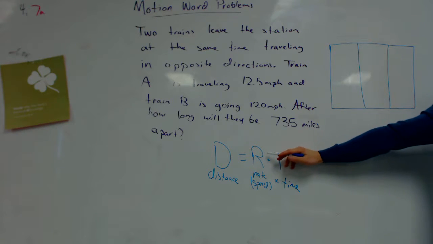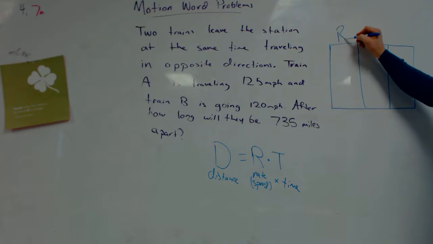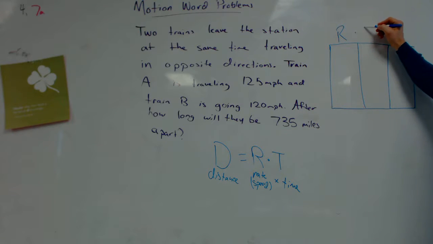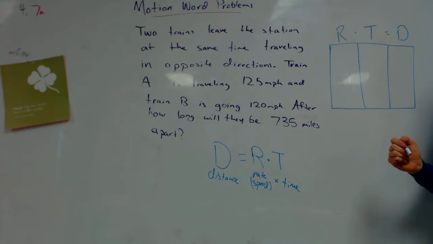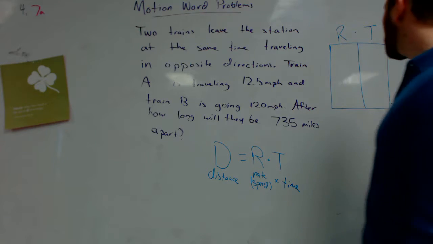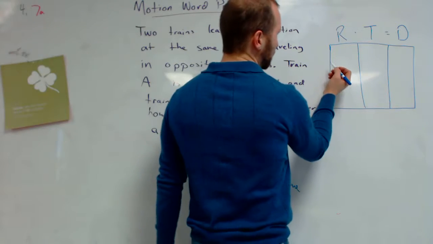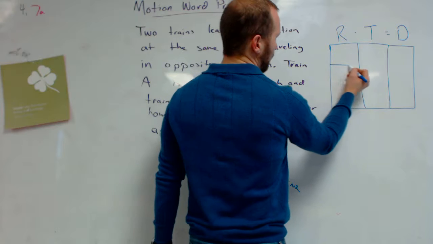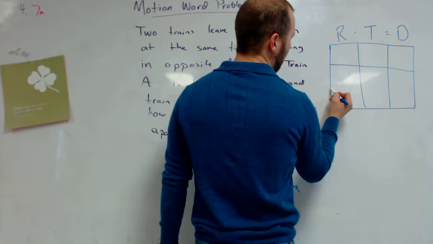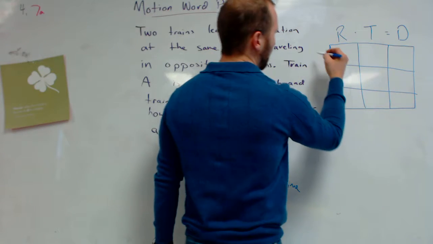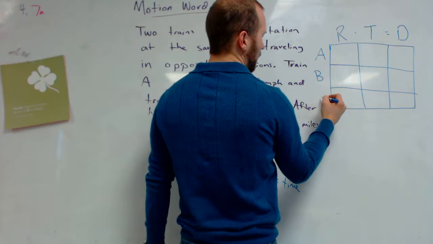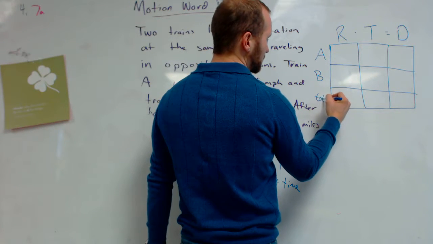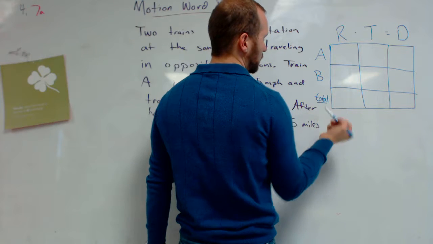And the columns are going to be rate, time, and distance. And then we're usually going to have a couple of rows. And in this case, we kind of have 3 rows. We have train A, train B, and then we'll also, for some things, we'll have a total.